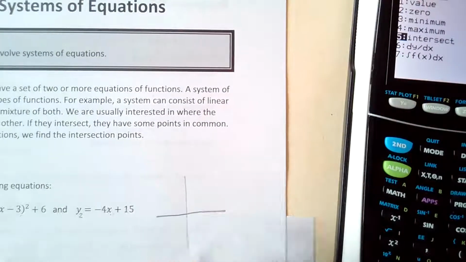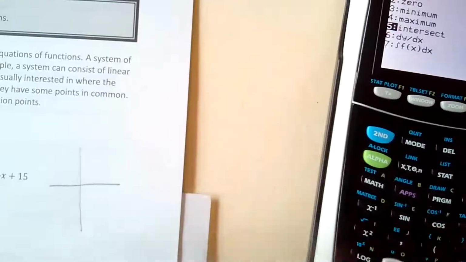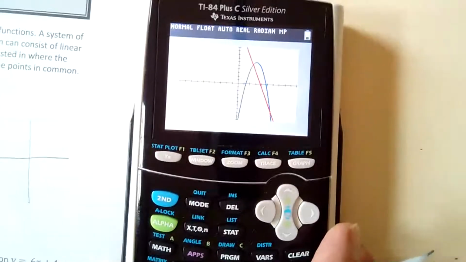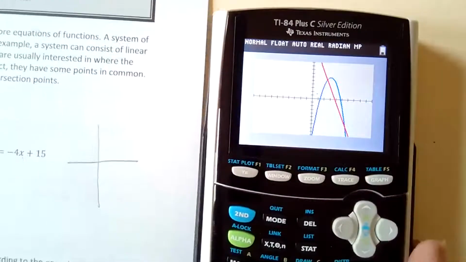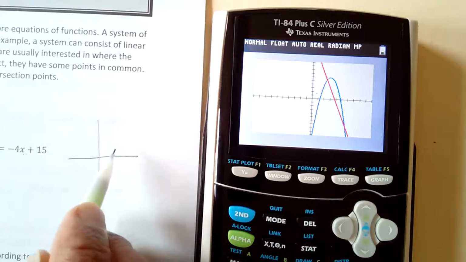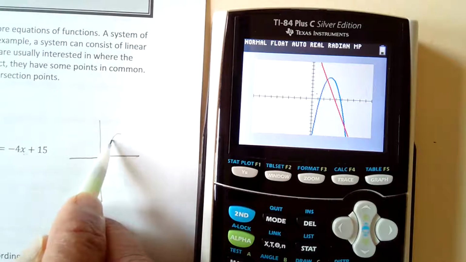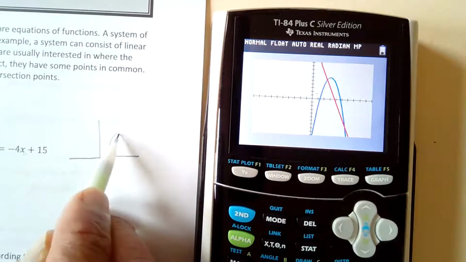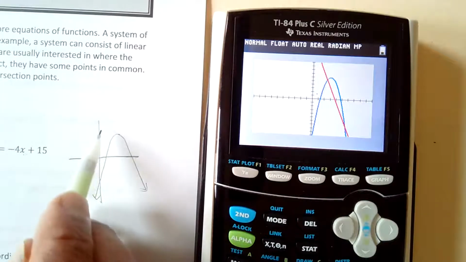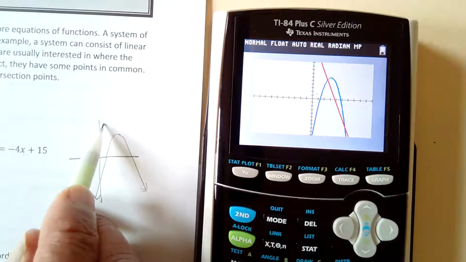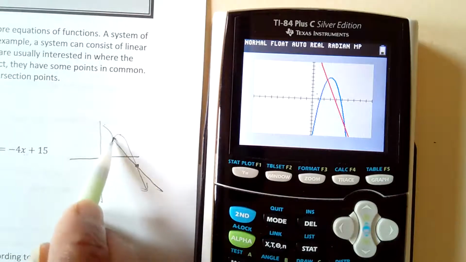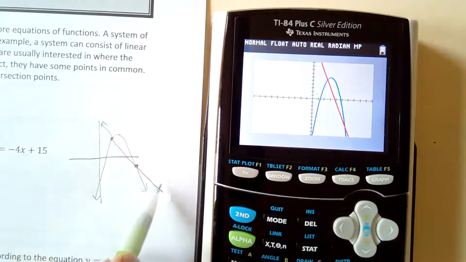Let me sketch my graph first, so at least I have an idea. So here's a quadratic, and here's a straight line. I'm going to find these two points of intersection.